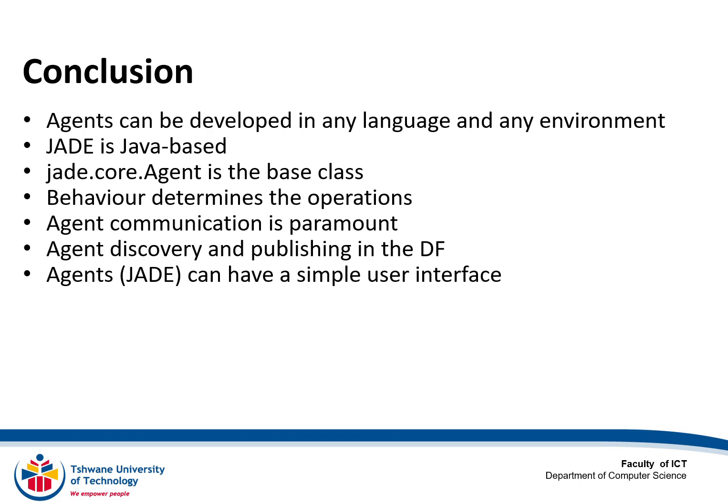Whatever task you want to execute, you'll typically have that within the behavior class. We have also learned about the ACL, which is for communication. We have learned about discovery and publishing using the directory facilitator, and we've also seen that agents can have a simple user interface. So that's what we've dealt with in this lecture.